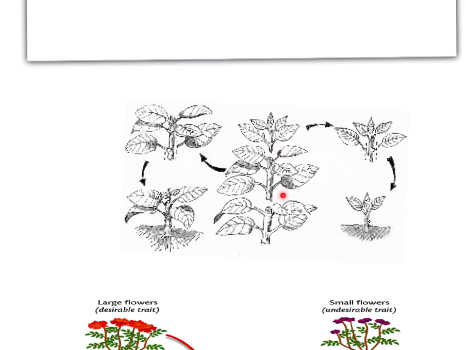Then we insert these cut ends into some form of rooting powder, which is an auxin, which will promote the growth of roots. Roots will start to grow at the bottom, and then we can plant our cuttings. We've planted this cutting into here and this cutting into here, and we've got two plants which would be identical to the original plant. That process is known as making a cutting.